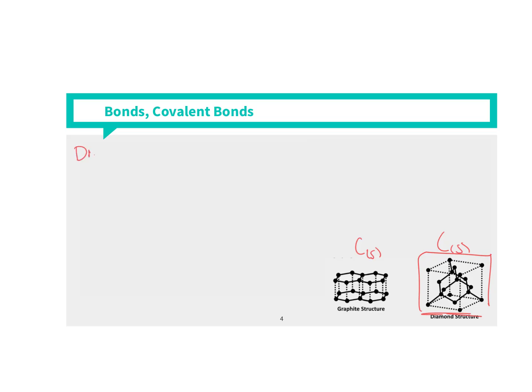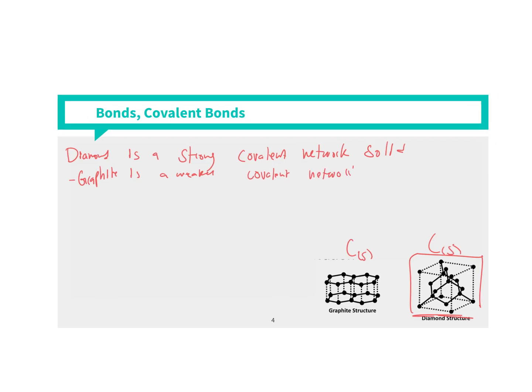And so a diamond is a strong covalent network solid. Graphite, on the other hand, is a weaker covalent network solid.